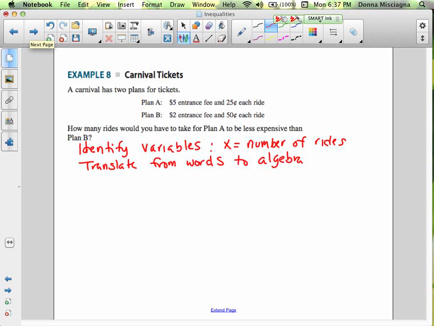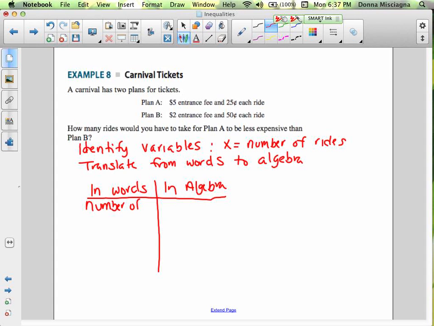All right, so in words, and in algebra. So we have the number of tickets. Number of tickets is x.